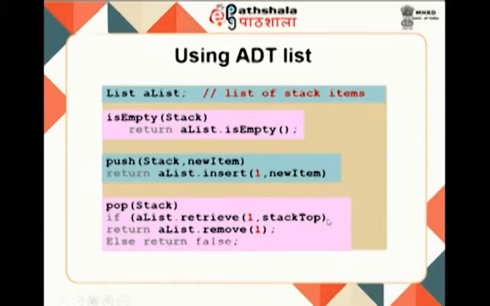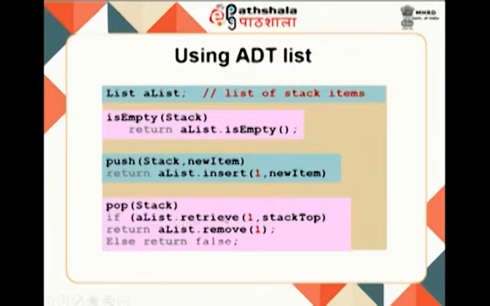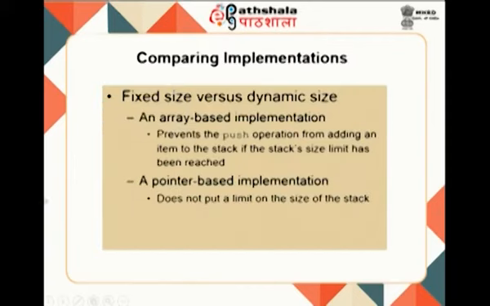If you delete something, the first will automatically be updated in this implementation of ADT list. Retrieve 1 comma stack top is the one that we have assumed the ADT list implementation gives a true or false value. We are assuming that remove does not give that. That is why, if this boolean gives me a value, then I return A list dot remove 1, otherwise I return false.